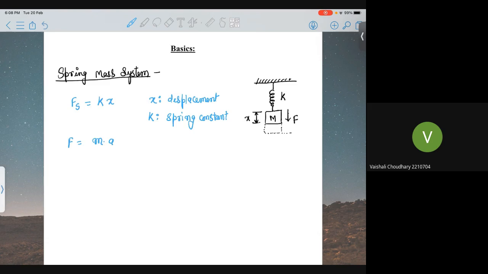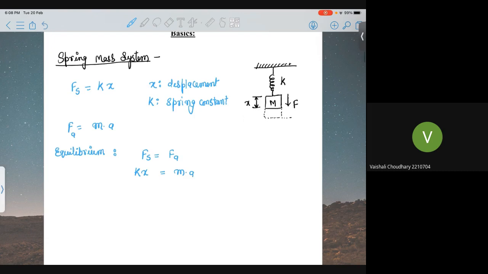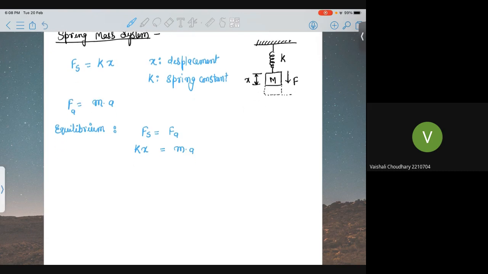So in equilibrium, we can equate these two forces, which is k times x and ma.